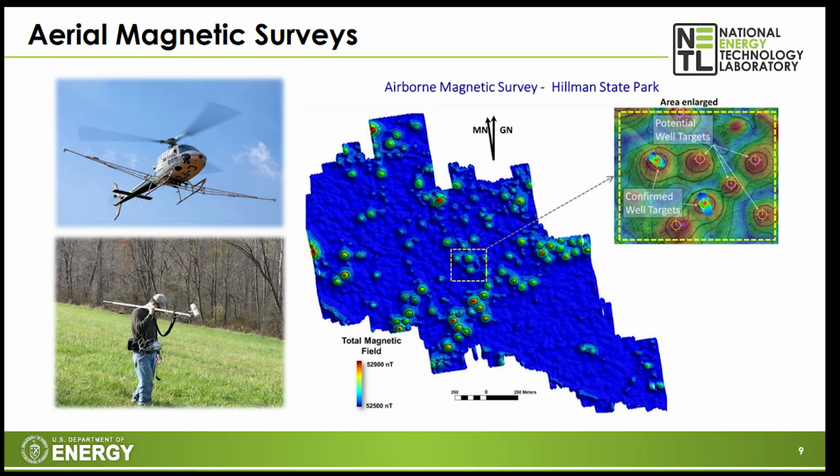So this is an example picture of Hillman State Park in Pennsylvania, north of Pittsburgh, but actually west of Pittsburgh. And you can see the hot spots on this map here. It's a magnetic bump map, and you can see the hot spots over here. These are presumably wells, and we actually did a field check back in 2015 for these magnetic hotspots, and they turned out to be wells.